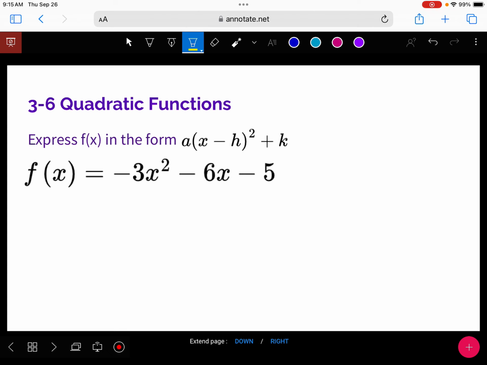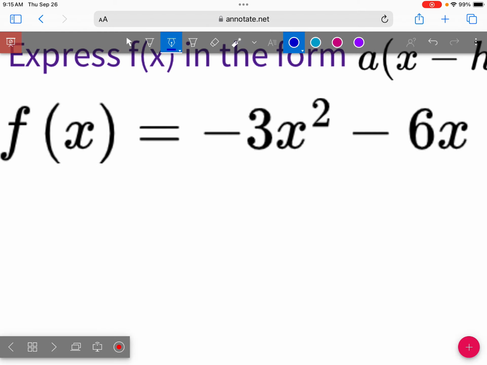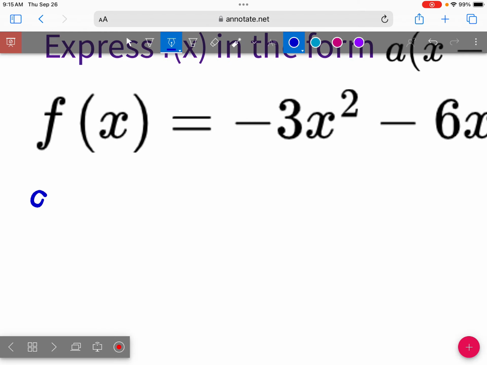Same vibe. We're going to write it in our transformation form or in our vertex form, and I'm giving you the standard form. So I'm going to start with finding my axis of symmetry.